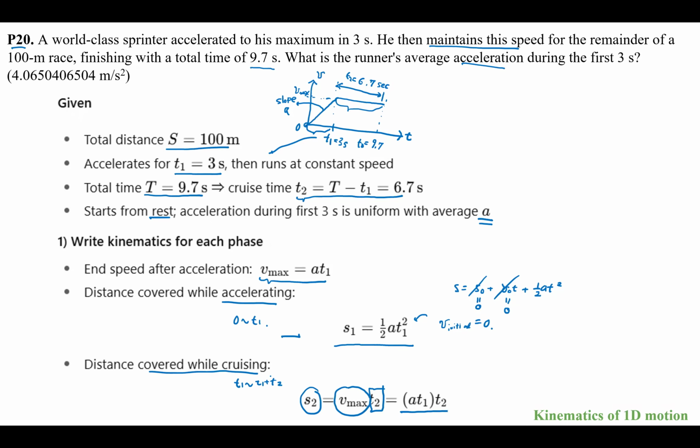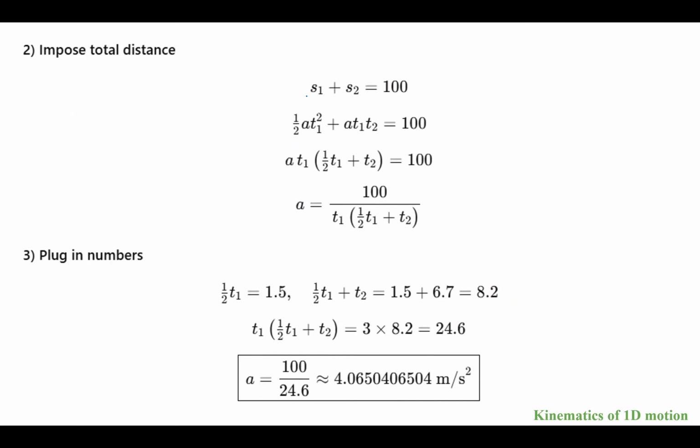So now we know S1 and S2 should sum to 100 meters, since the sprinter is running 100 meters. S1 is the accelerating zone, and S2 is the cruising zone with a constant speed. This will satisfy 100 meters. And then if you take out A T1 here, you get this relationship.